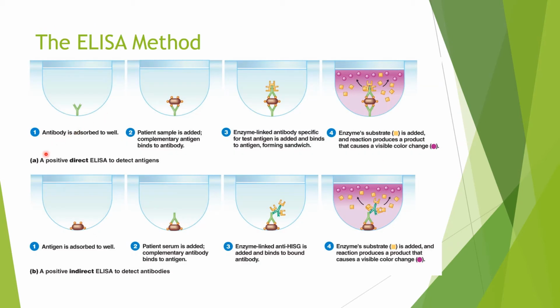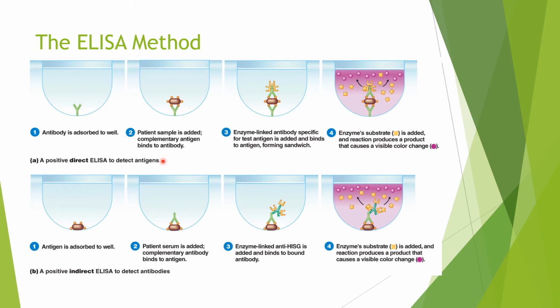First of all, there are two types of ELISA tests that we could do. One is known as a positive direct ELISA, and one is known as a positive indirect ELISA. The positive direct ELISA is used to detect if you have a certain antigen in your serum. So again, an antigen in this case, meaning, for example, if you have a specific bacterial infection.